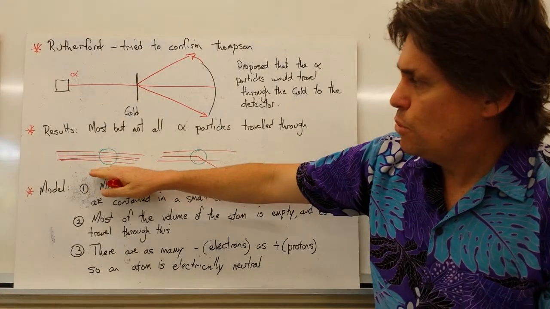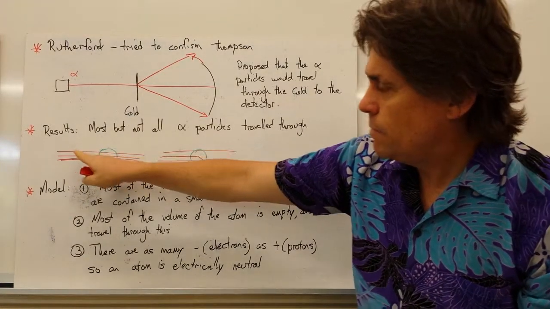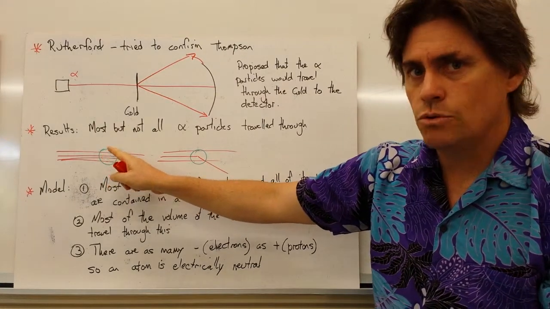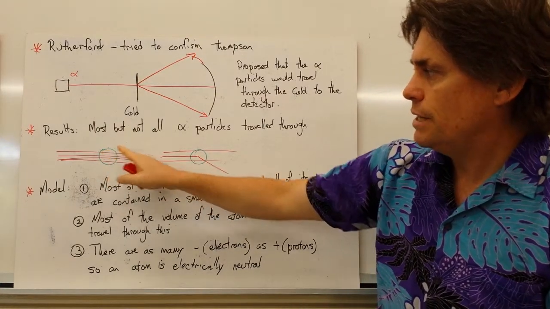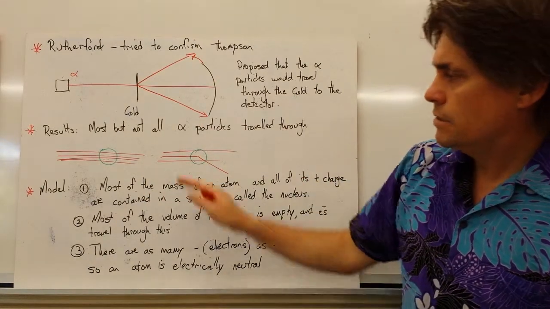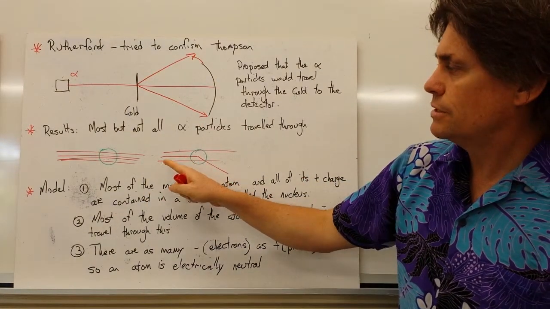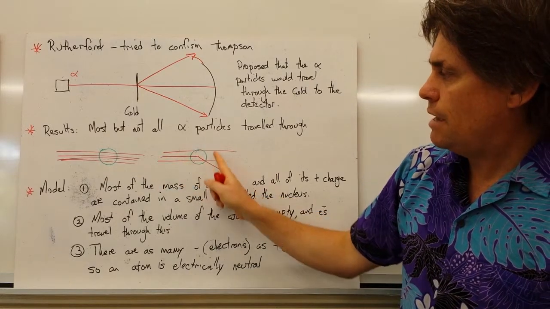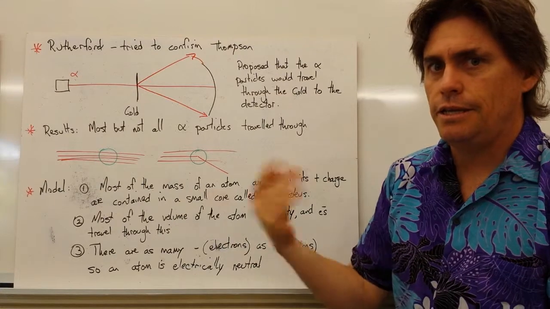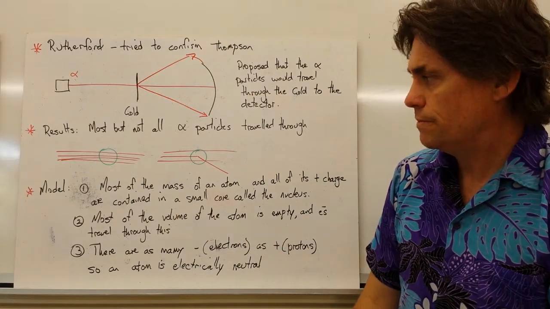Because if we look at the Plum pudding model, we have our alpha particles travelling through. There's not much in there that they can hit or be deflected by. So he reasoned that they should travel right through to the detector screen. So he had to rethink what he thought, because something within our atoms of gold was deflecting those particles, either charge or mass or both.